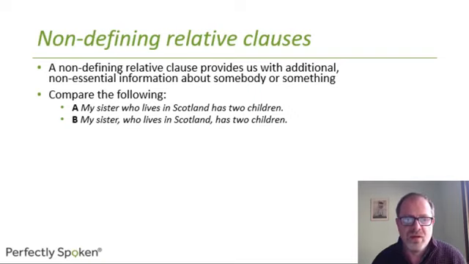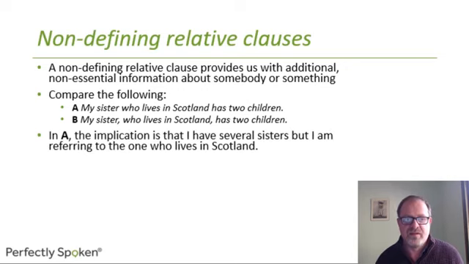So, what is the difference between these 2 sentences? Well, in sentence A, the implication is that I have several sisters, but I am referring specifically to my sister who lives in Scotland. This is identifying, it's telling us which sister we are talking about.